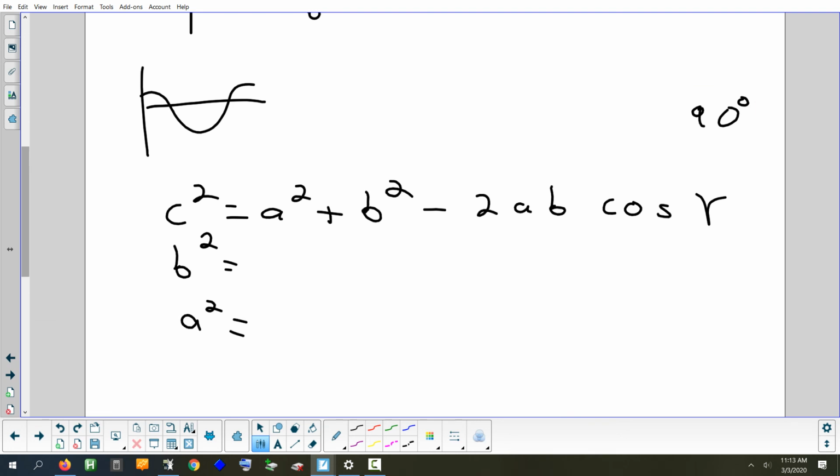And what's 0 times anything? 0. So if you use this on a triangle that had a 90-degree angle, this whole part becomes 0, and all you're left with is the Pythagorean theorem. But if your angle isn't 90, then this won't be 0, and then we'll have to subtract whatever it comes out to.